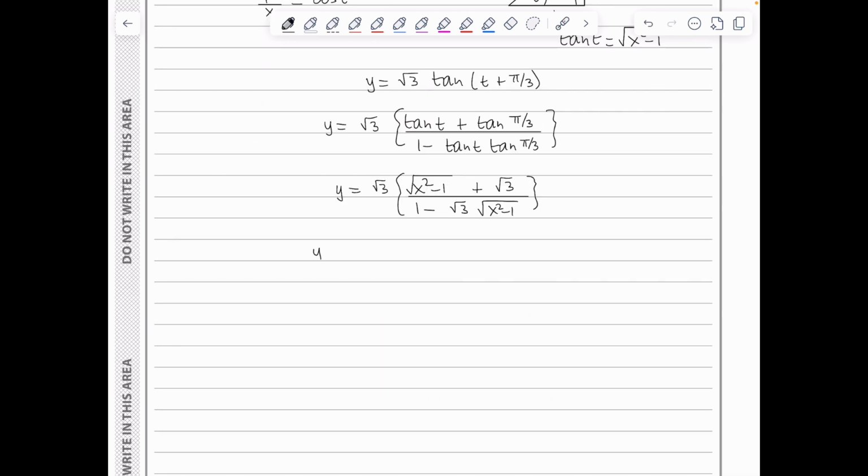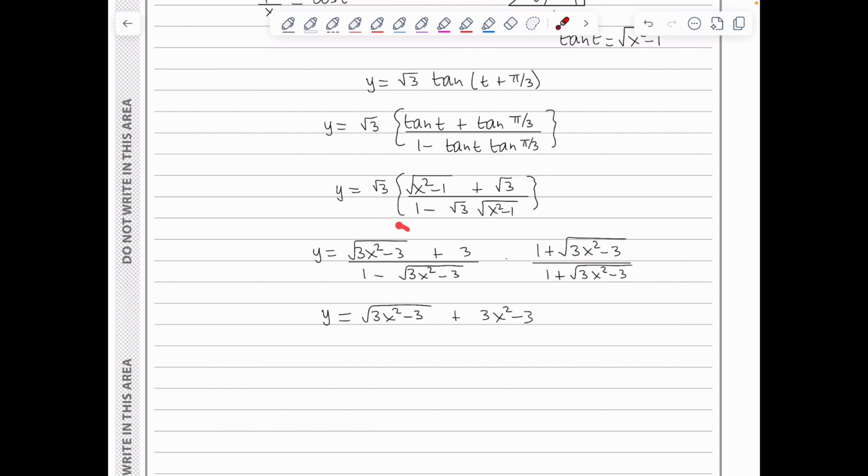So we're looking at y is the square root of 3x squared minus 3, plus 3, over 1 minus the square root of 3x squared minus 3. And what I will do, I will multiply top and bottom by 1 plus the square root of 3x squared minus 3. So I'm trying to rationalize the denominator here. So if I expand the numerator, I get y is the root of 3x squared minus 3 plus the 3x squared minus 3 found by multiplying the root of 3x squared minus 3 times the root of 3x squared minus 3.